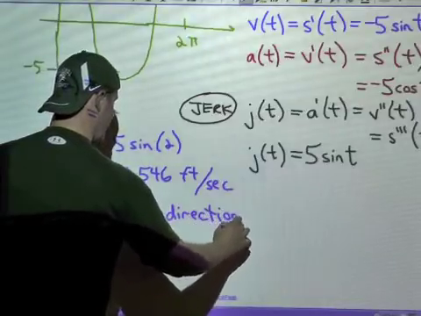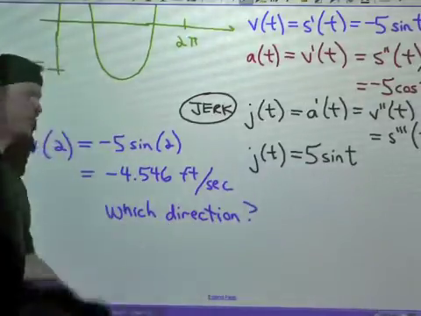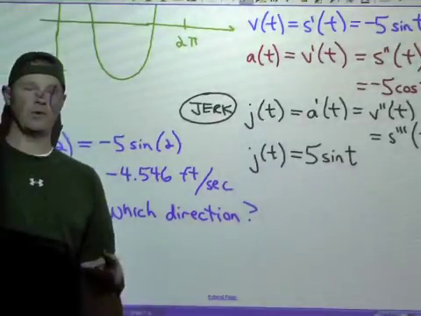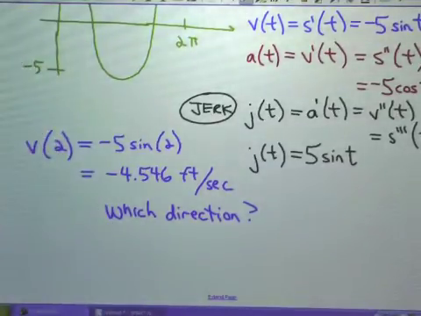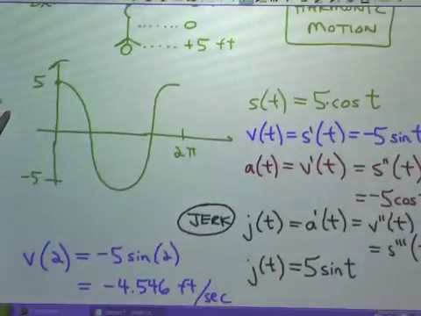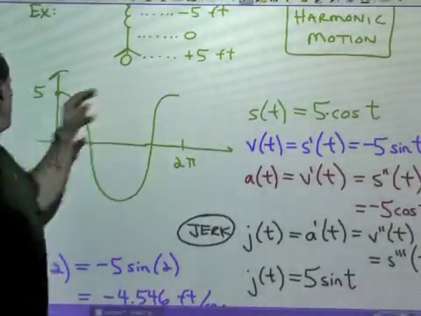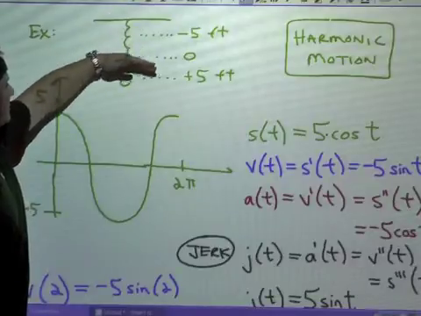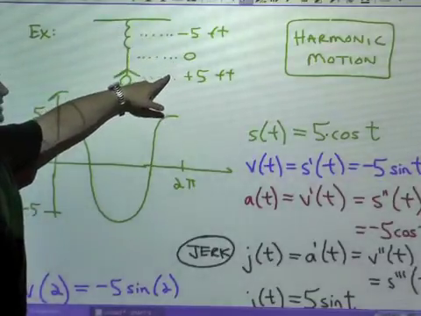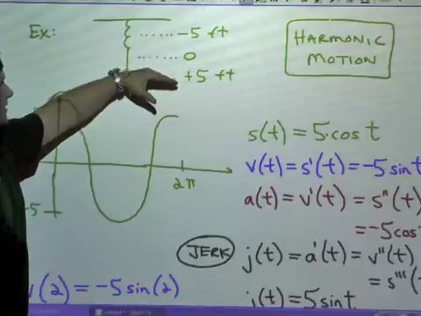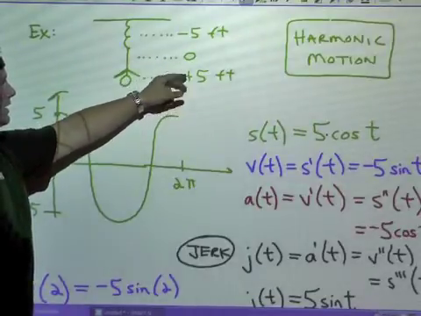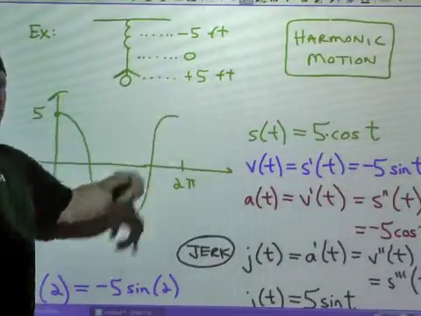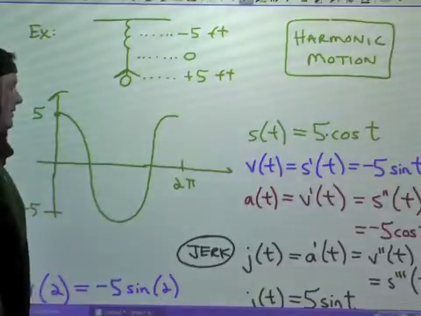Now, usually we automatically think, well, it's a negative derivative, so that means left or down. But think about the problem, that the s, the position, represents the distance away from the ceiling. Or distance away from this resting point, I should say. So if our derivative was positive, that means that the distance away from the resting point is changing positively.